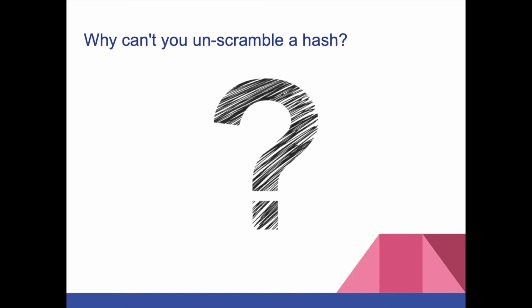It doesn't matter whether we give MD5 1 bit or 100 terabytes of input. It will always produce 128 bits of output. So clearly, some or a lot of information gets lost in the process. And that's why you can't unscramble the output of a hashing algorithm.